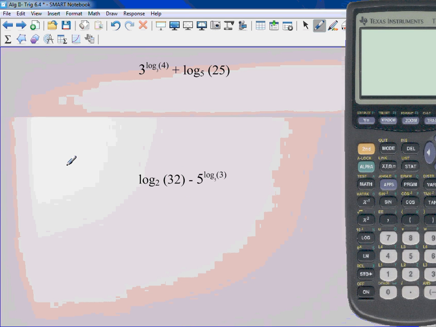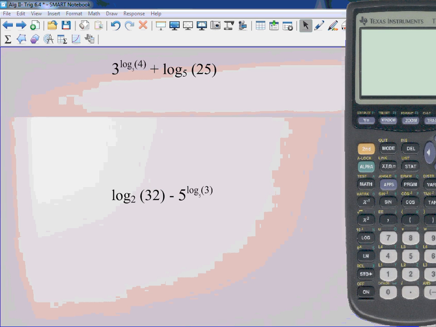Here I have 3 to the log base 3 of 4, plus, it has to be small or it doesn't look like an exponent, plus log base 5 of 25. For the first one, 3 to the log base 3 of 4.